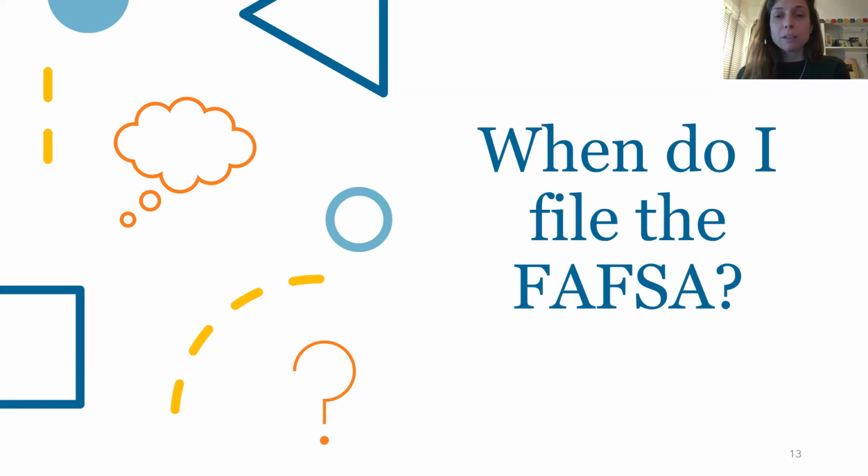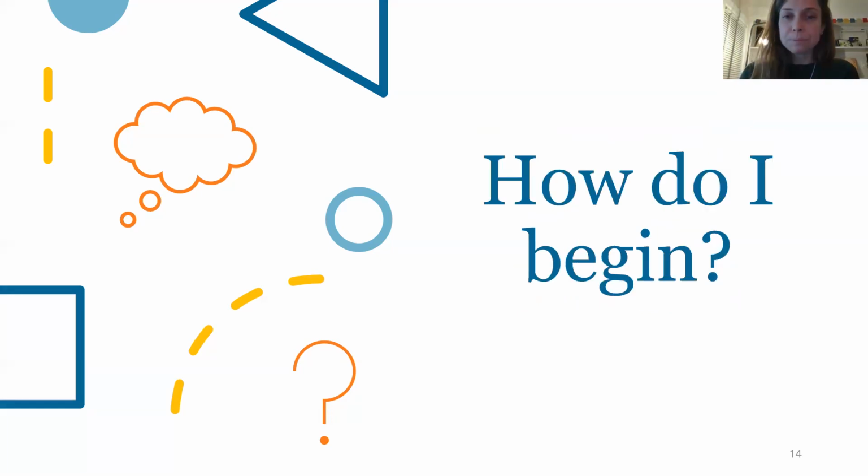So a lot of students may be working with a pretty narrow window to get in and do their FAFSA and have it submitted by the priority deadline. If you don't already know the priority deadline for the FAFSA of the institutions that you or your student are considering, I would highly recommend doing that research in the next few weeks, just to make sure that you're working off of the earliest possible deadline that you may need to use.